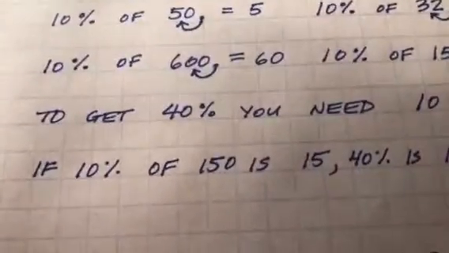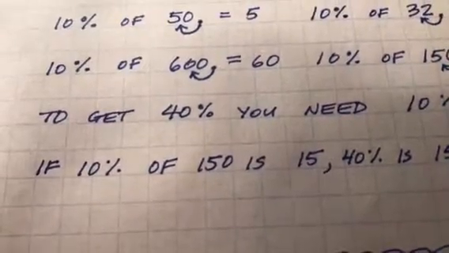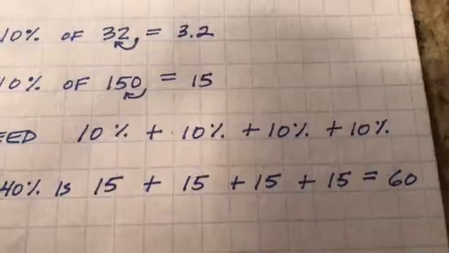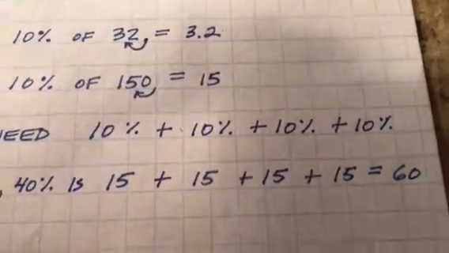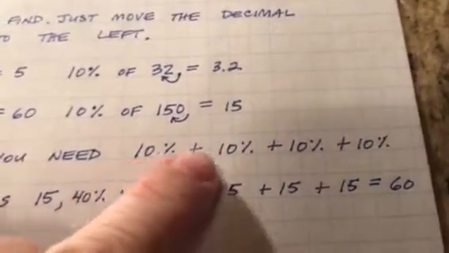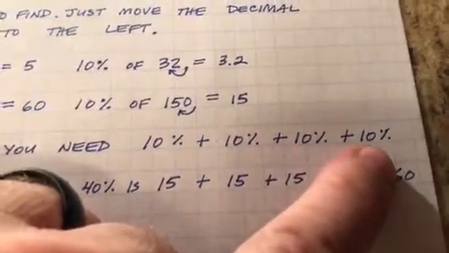Another way that you could think about this is to get 40%, that would be 10% plus 10% plus 10% plus 10%. There's my 40. 10, 20, 30, 40.